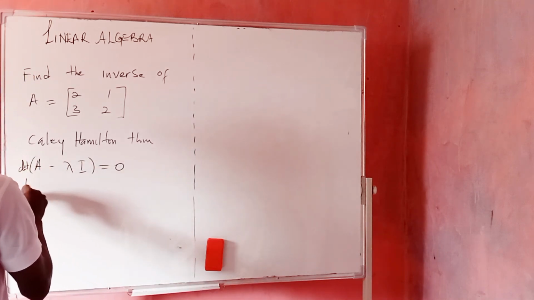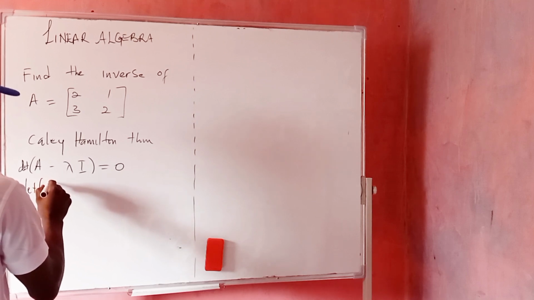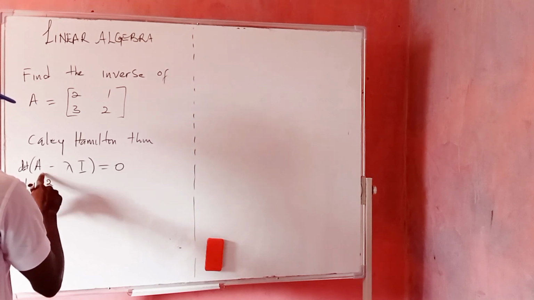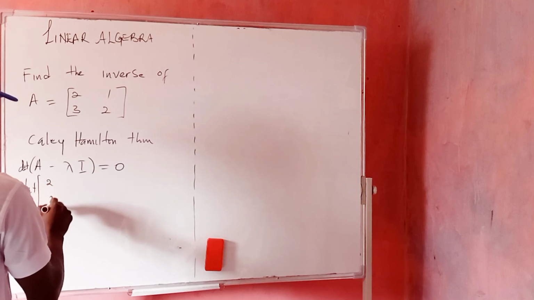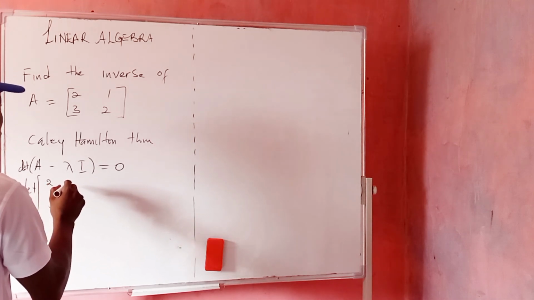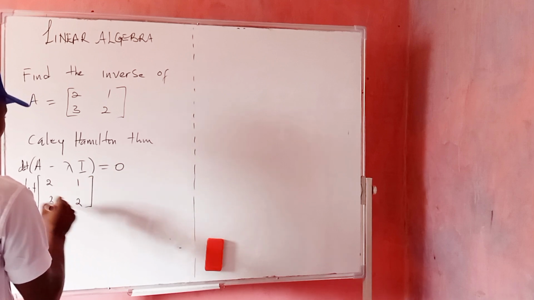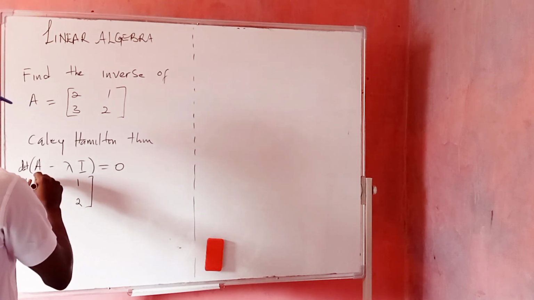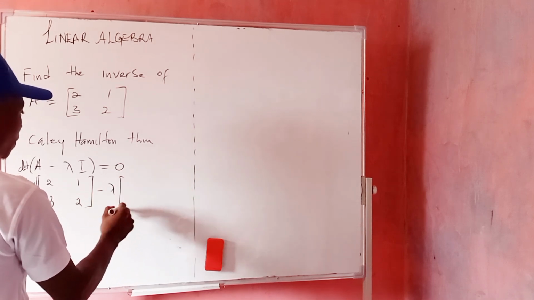So the determinant of matrix A, which is going to be 2, 3, 1, 2, let's say this is inside the bracket, minus lambda.